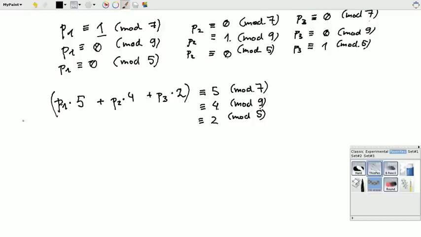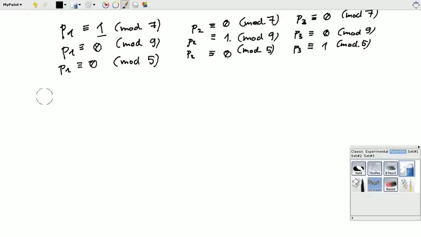So on the left side here, you can write also 0 times 5 plus 1 times 4 plus 0 times 2, which will be 4, congruent with 4. This is a basic property of computation modulo a certain number.